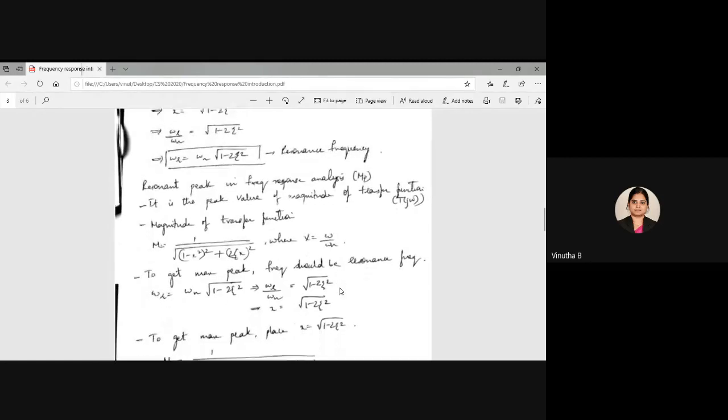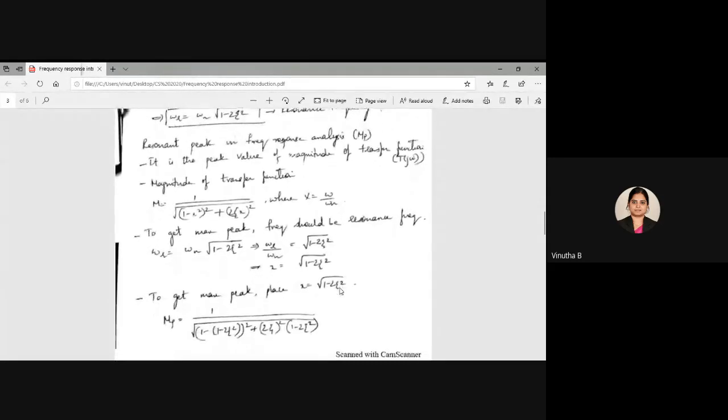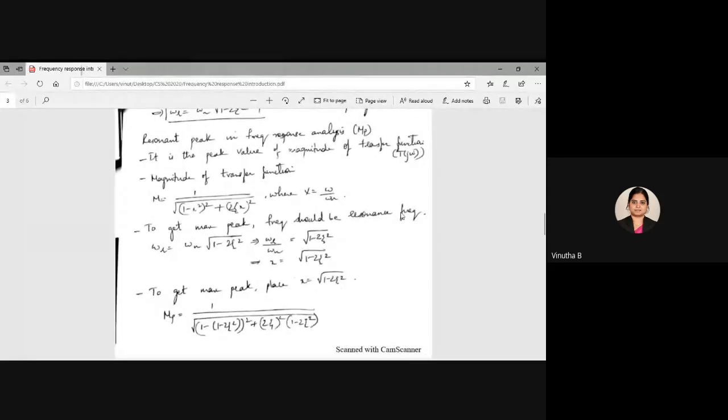So to get maximum peak, frequency should be resonant frequency. So what is omega r? Which is omega r is given by omega n into square root of 1 minus 2 zeta square. So omega r by omega n is equal to square root of 1 minus 2 zeta square, which implies x is equal to square root of 1 minus 2 zeta square. To get maximum peak, what is that? You have to place x is equal to square root of 1 minus 2 zeta square.